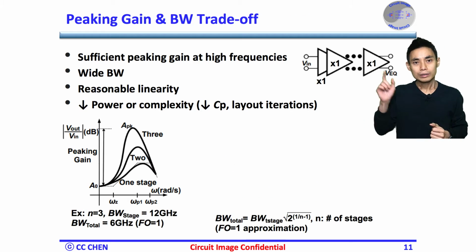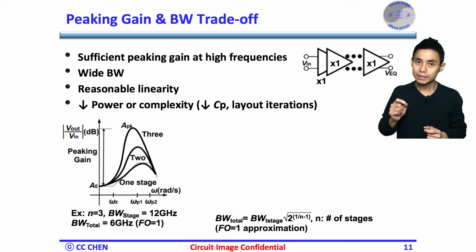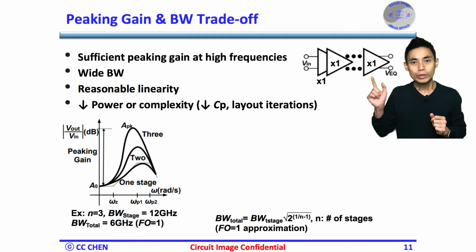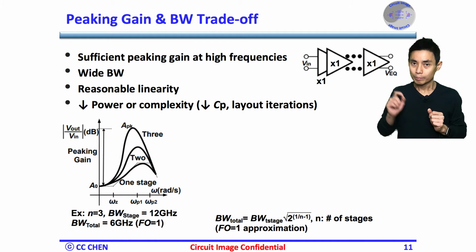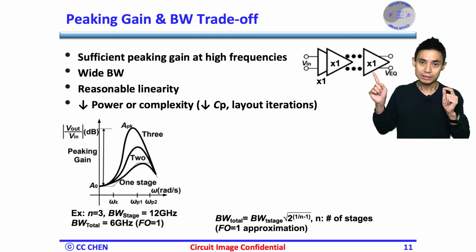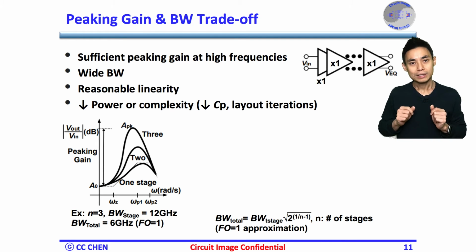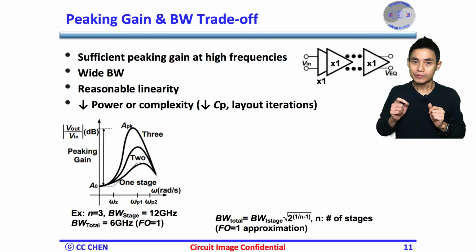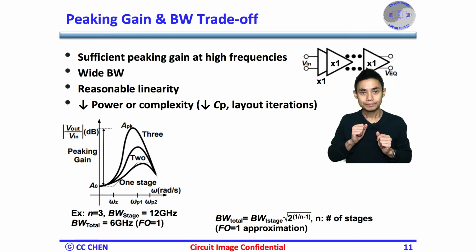To narrow down the design trade-off between the peaking gain and bandwidth, we can show a quick ballpark bandwidth estimation based on a simple example by fan-out of 1, which makes all the cascaded amplifiers the same size.